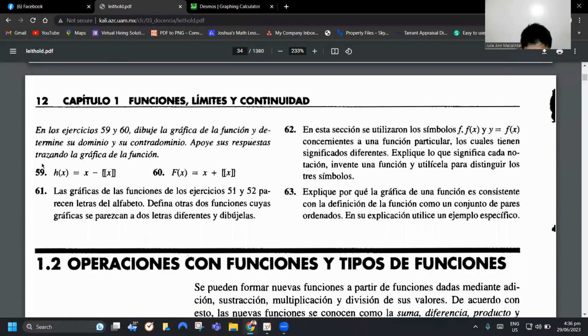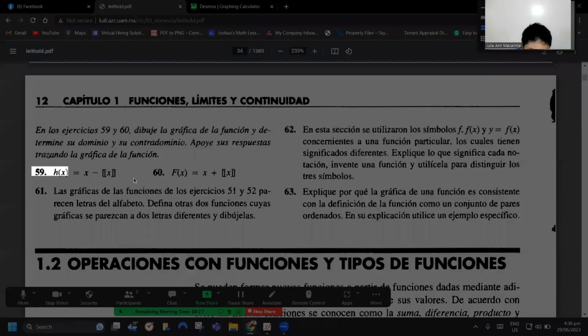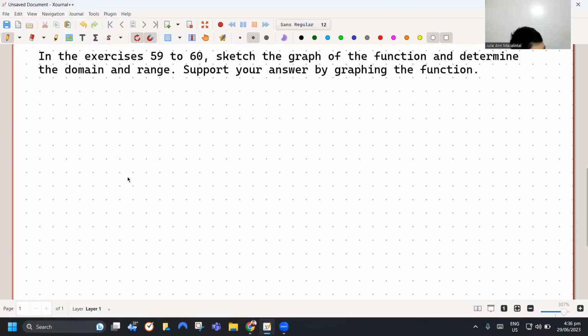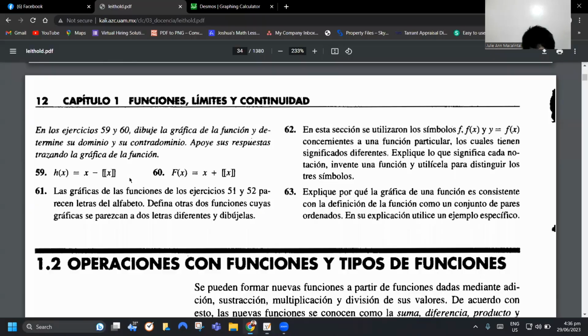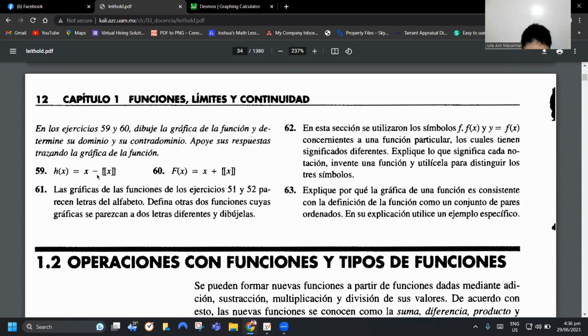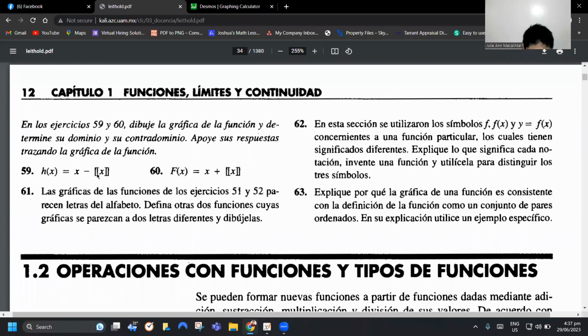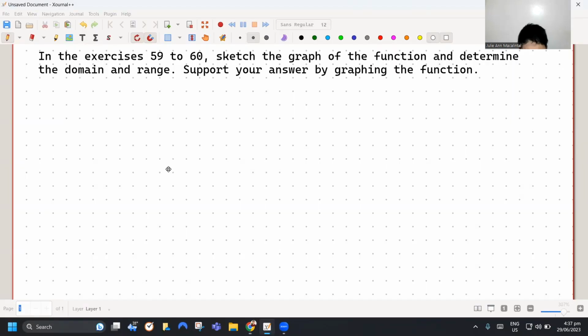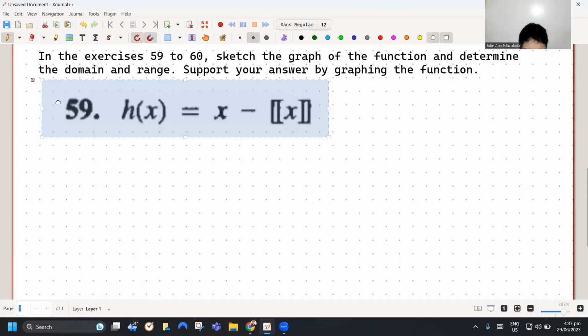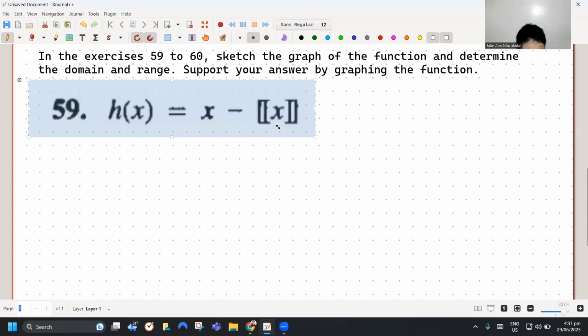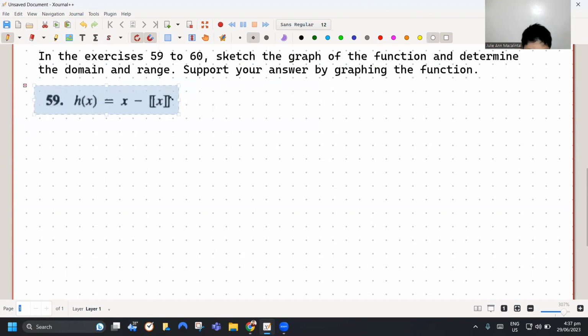So 8x minus to, no? Is it minus or multiply? Gulo naman ng minus. So use that. So x minus floor of x. Meron bang floor? Teka, may floor function ba yung Desmos? Yes.